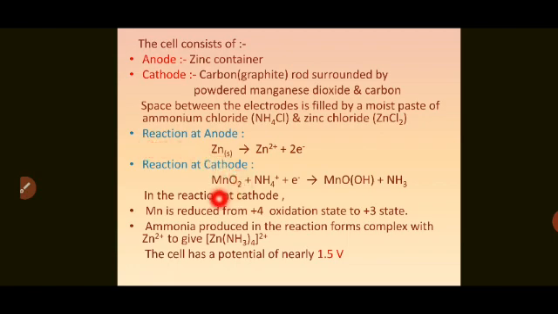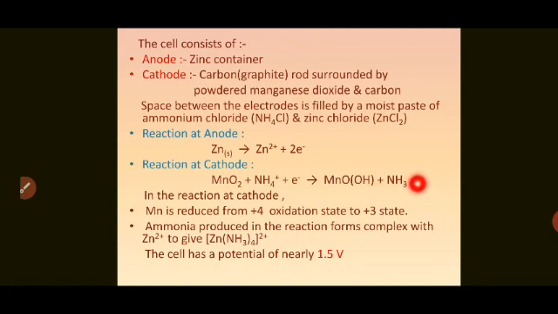Now, which reactions are taking place at these two electrodes? Because these batteries are working on the redox reaction. Here zinc metal loses electrons, that is oxidation takes place, and forms zinc plus 2 ions, whereas at cathode MnO2 and ammonium ions react to form manganese hydroxide and ammonia.